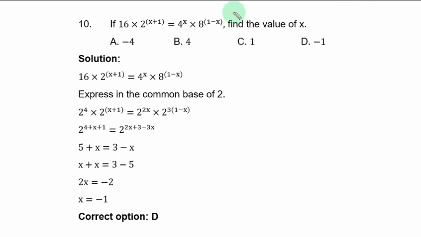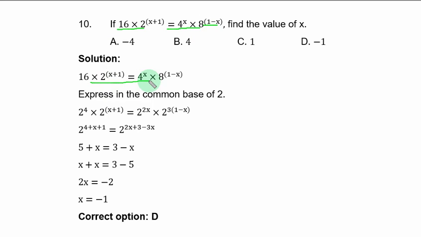Question 10. If 16 times 2 to the power of S + 1 is equal to 4 to the power S times 8 to the power of 1 - S, find the value of S. What you have is an exponential equation. So let us express in the common base of 2.